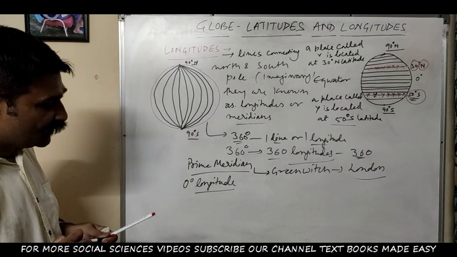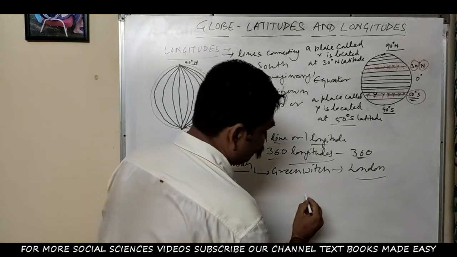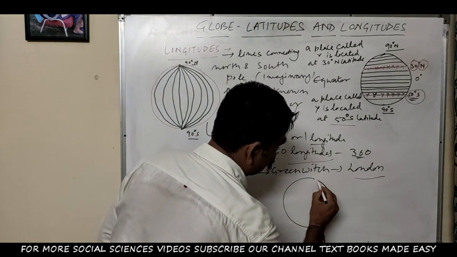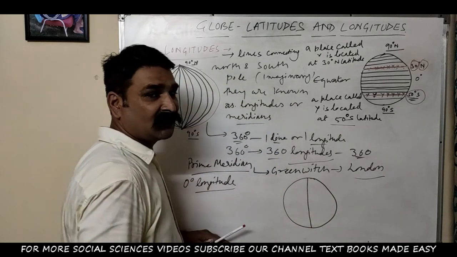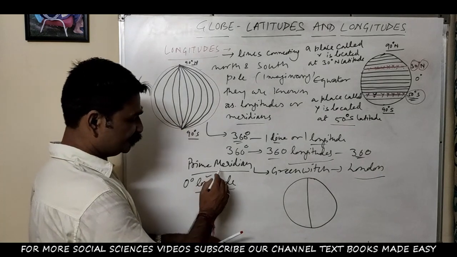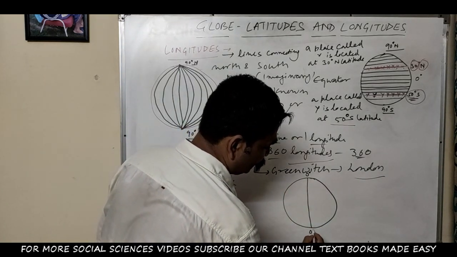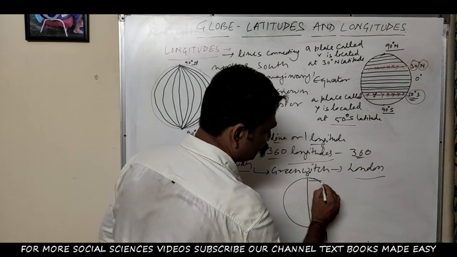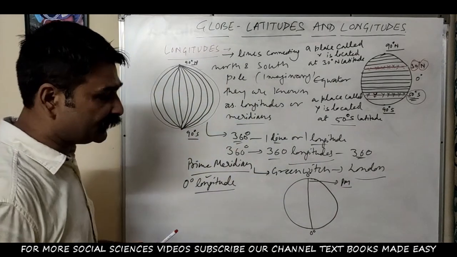Now again, suppose this is our Earth and this is what? 0 degree longitude, or this is also known as PM, that is, prime meridian.